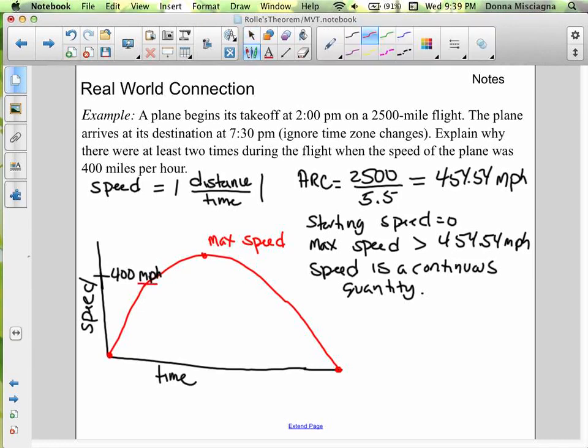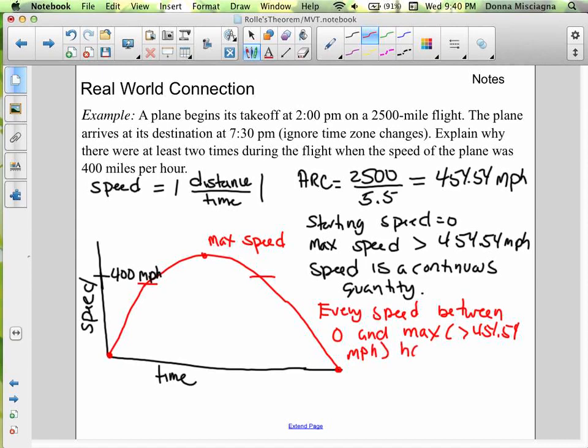Notice that right here and right here, we'd have to be at 400 miles per hour. And every speed in between 0 and whatever the maximum is, which has to be greater than 454.54 miles per hour, has to be represented.